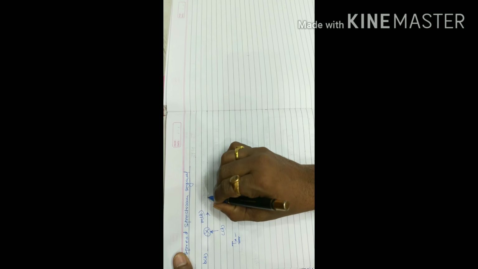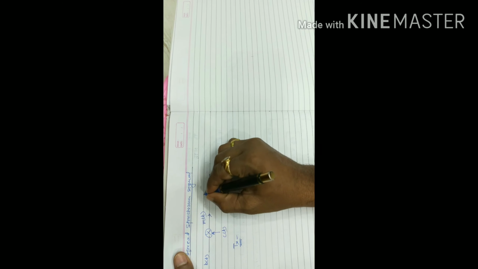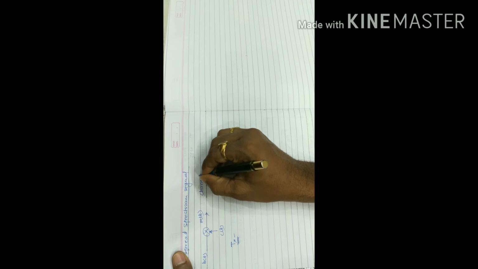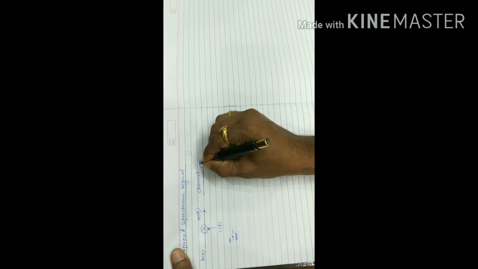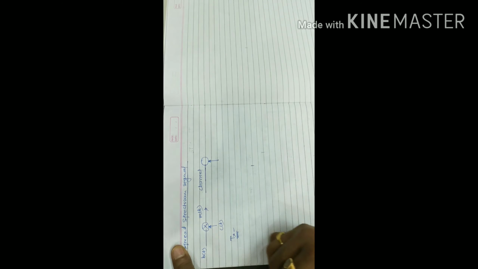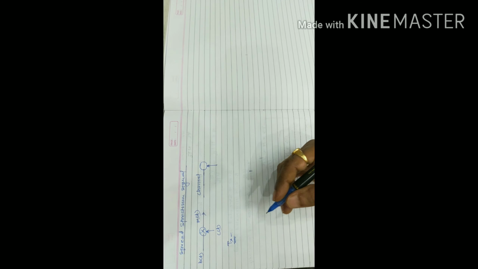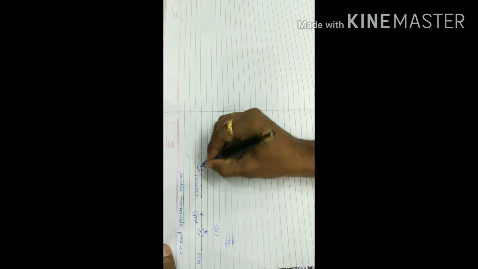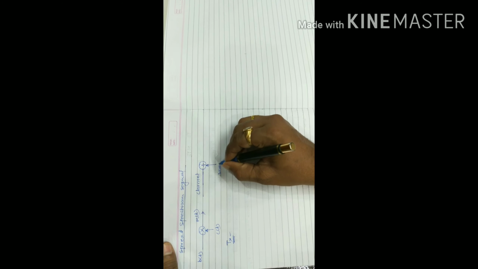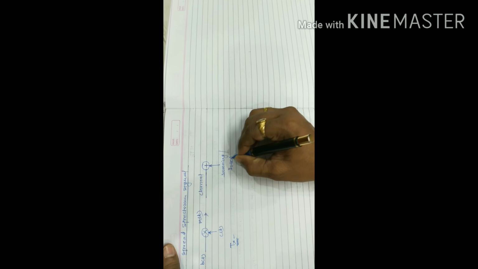Then this M of t will go through the channel, where it will get added with the jamming signal, or say interference signal.